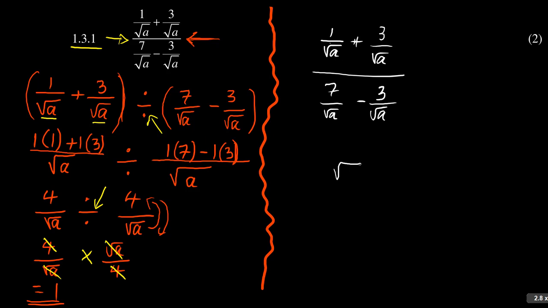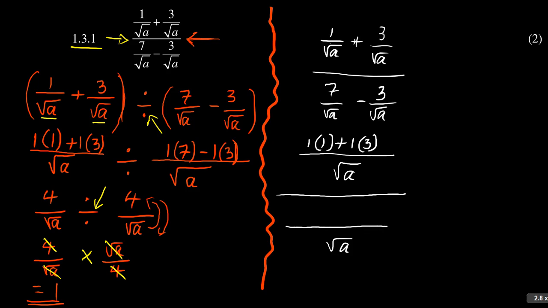Now the common denominator, as we said, on the top is square root of a, which is 1 times 1 plus 1 times 3. Remember how we're getting this, and then you have your big division line. Again, you have got your square root of a at the bottom as the common denominator. We have 1 times 7 minus 1 times 3.